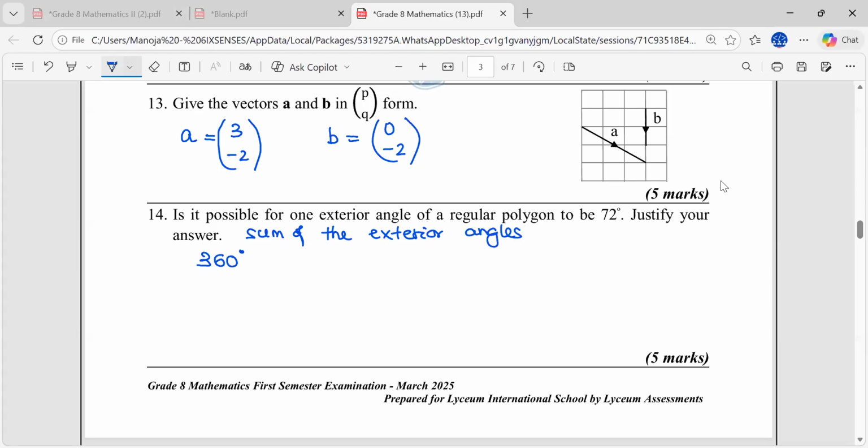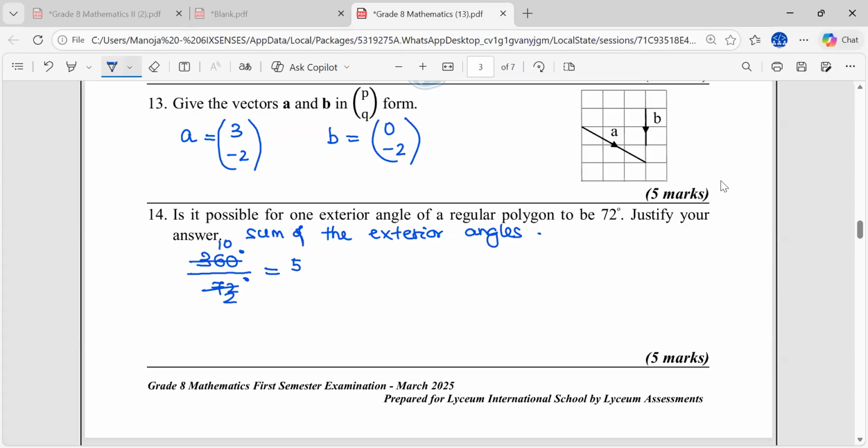If I divide it by one angle value, how do you get this? So then you can simplify this. Let's say 36 times 10 and 36 times 2, it gives me 5, right? If it gives you exactly a whole number, then this is a 5-sided polygon. Then justify your answer.